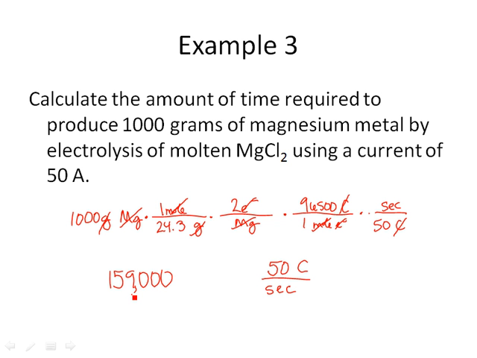We can divide by 60, so this is seconds. That's 2,600 minutes. We can divide by 60 again. 44 hours. So about almost 2 days.